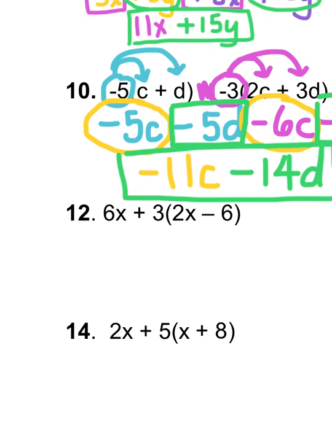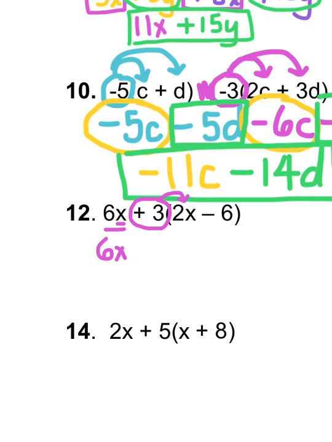On number 12, we're still trying to simplify each expression, but this time there is only one number to distribute. I want you to be very careful. Notice what you're distributing, a positive 3. But don't forget the first term. Go ahead and bring the first term down so you don't forget about it. Now let's distribute that positive 3.